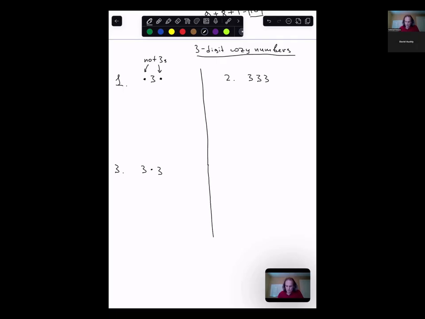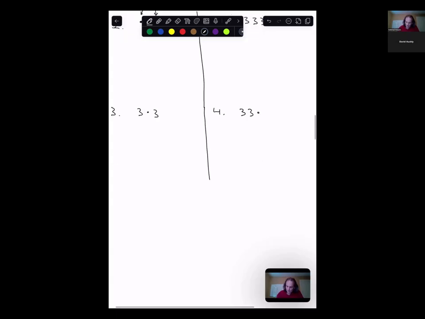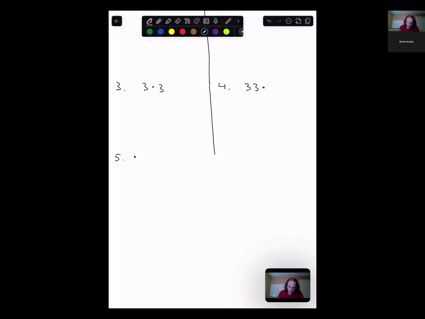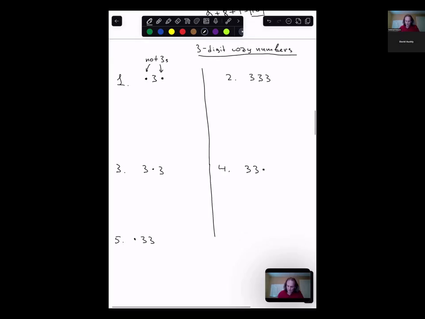Since I insisted that these dots are not threes, I would have to consider 3, 3, dot and dot, 3, 3 separately as well. But I think that's it. That's all the possible configurations of threes.